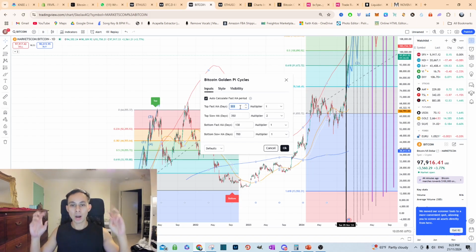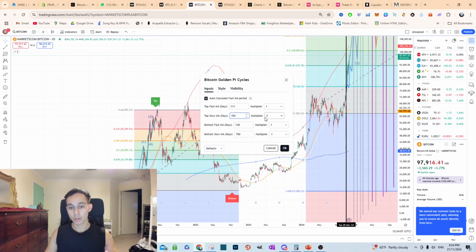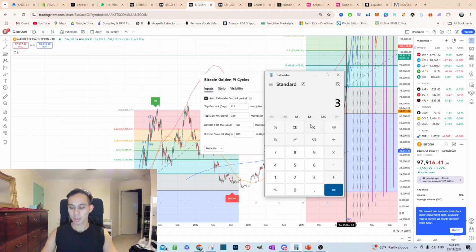And it's called the Pi cycle because 350 divided by 111 is equal to 3.15. So it's close to 3.142, but you can't actually get that number because you can't go into the decimal places. Otherwise you get like 349 point something, because if you get 349 by 111, you get 3.144.